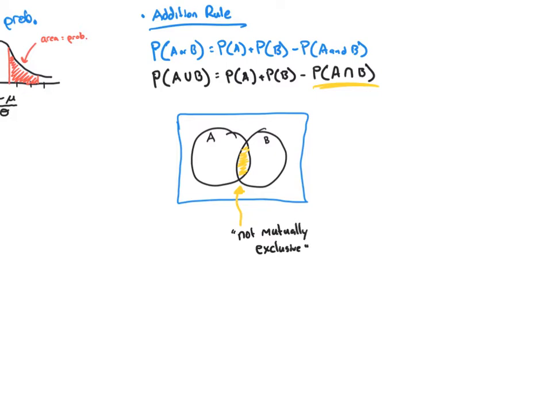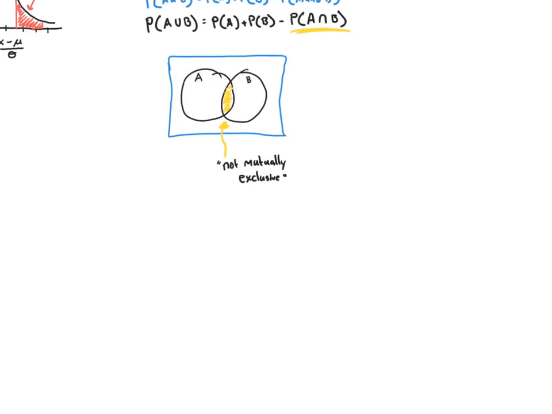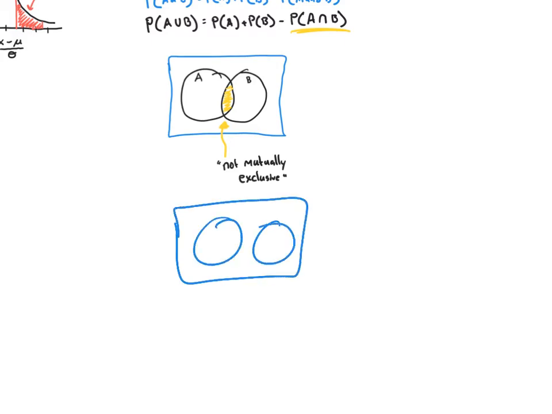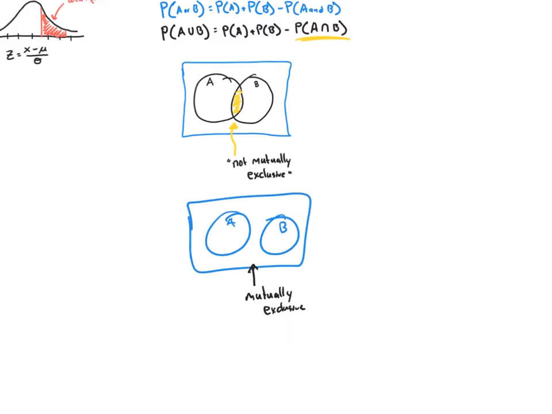Remember doing that? Not mutually exclusive. If there was no overlap, quick representation of that, then we would say that these are mutually exclusive events, right? Definitely some vocab terms there.